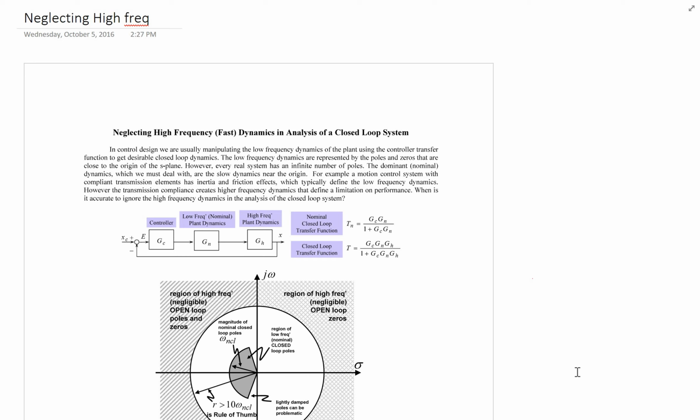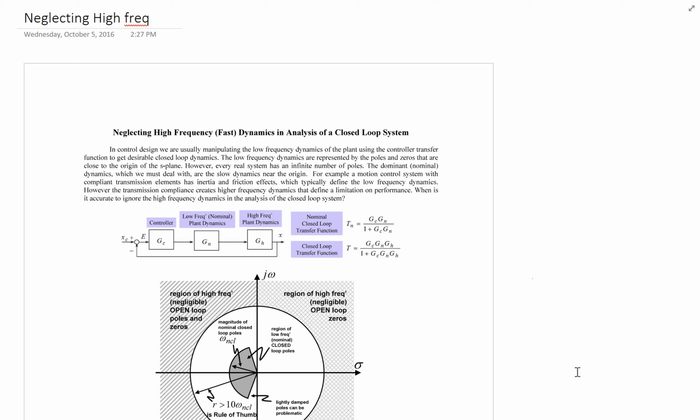So the rule of thumb for this is that the system is going to be dominated by the dominant poles, or the slow poles. We can't move the system any faster than the slowest piece of the system, which is represented by the slow poles, or the poles closest to the origin.